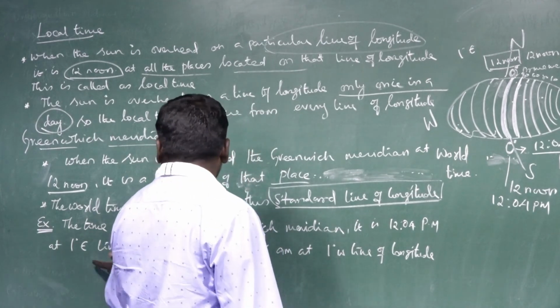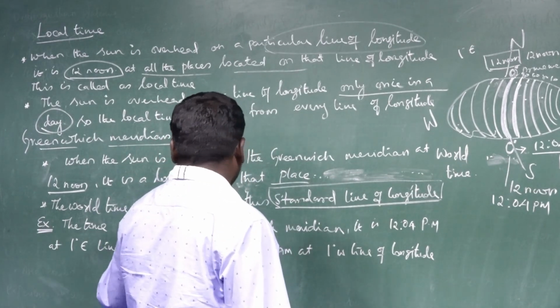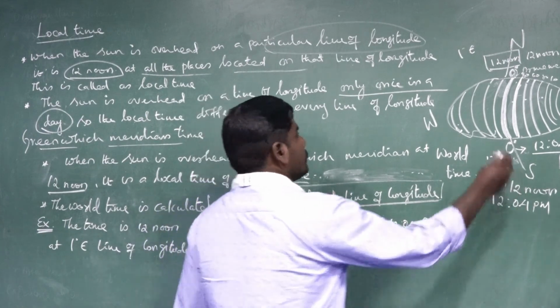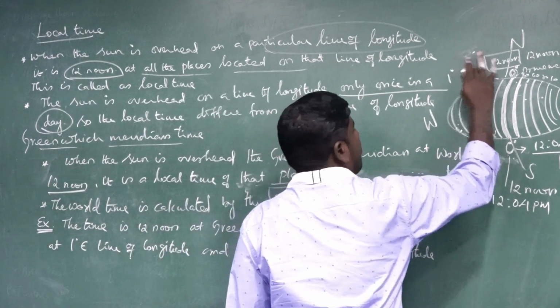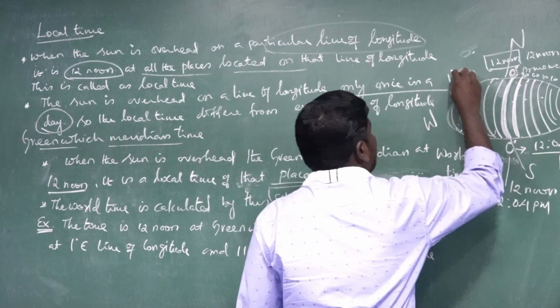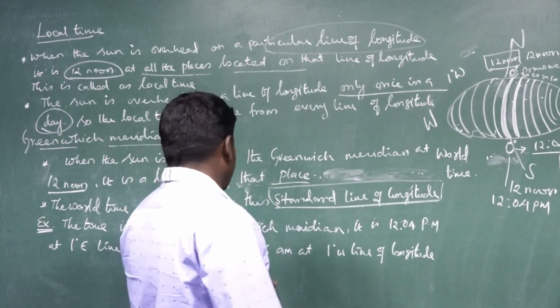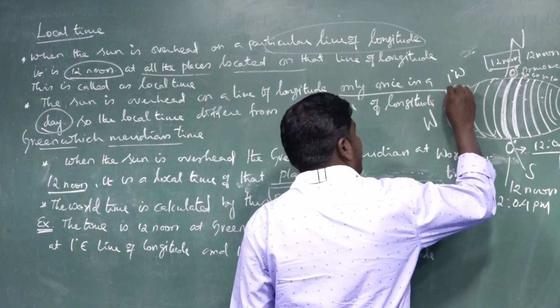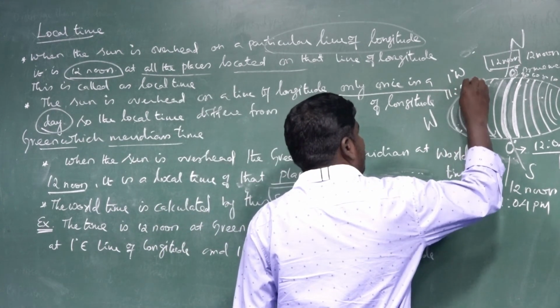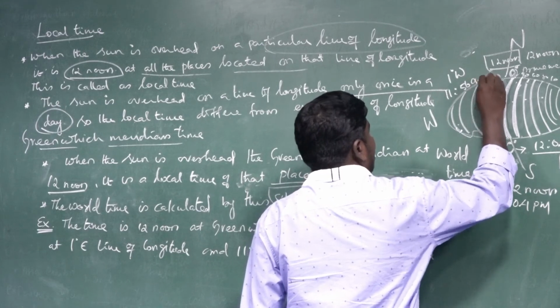And at 1 degree west line of longitude it is 11.56 AM.